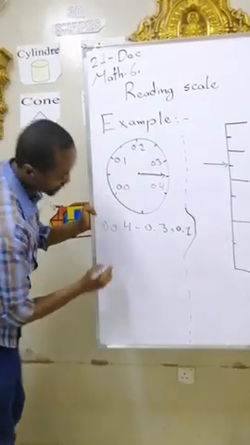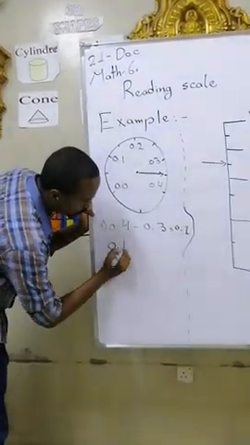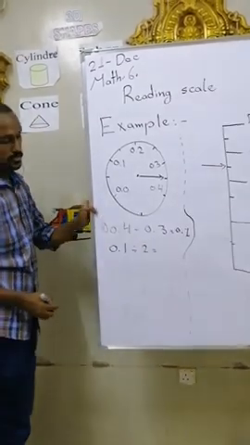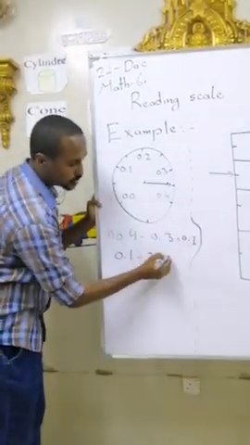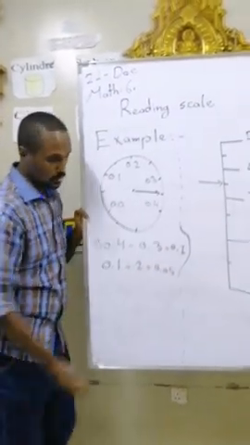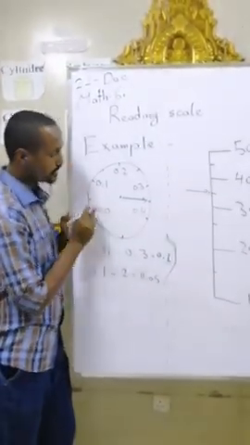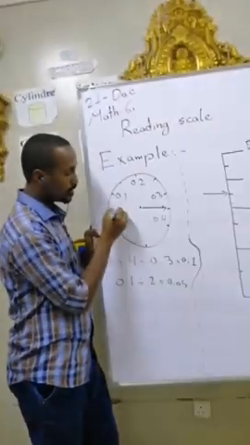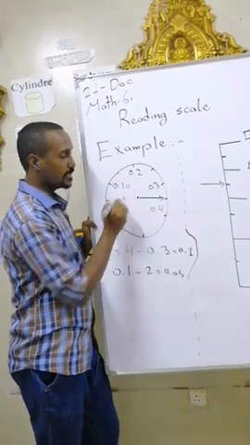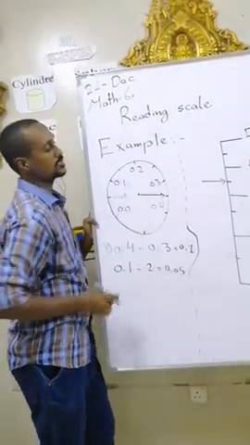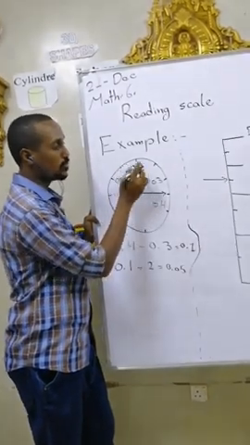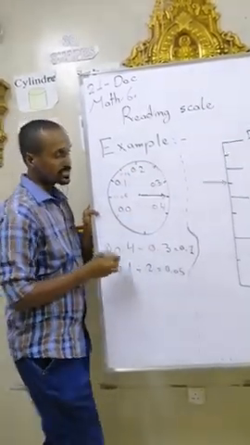The second step, divide by 2. 0.1 divided by 2, as we did. When you divide it, the answer will be 0.05. That means every time we add 0.05. Let's see. 0.05, when I add it will be 0.10, the same thing, then 0.15, 0.20 or 0.2, the same idea.